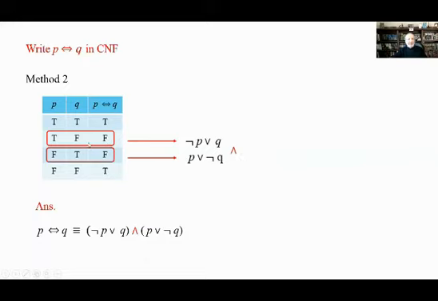So now this F coming from this and this, that would be not P or Q. This here will be false if both of them, if Q is false and not P is false, which means P is true. Same thing here. F is coming from these two here, so you put P or not Q, and then you put the and between these two, and you find the same answer. This is a little bit easier than the one that we did earlier. And that is the end of the logic theory part.